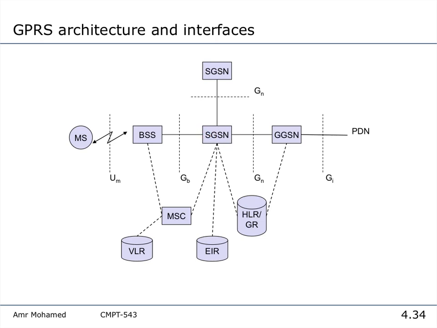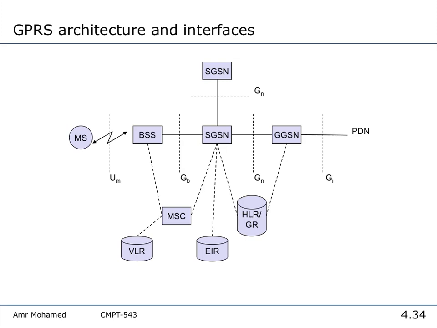The SGSN here performs functionality similar to the MSC, but on the packet switch side. And because we introduce this hardware, we have to define the interfaces. So now we have Gb, Gn, and Gi, which correspond to the A-bis interface and the A interface, but on the packet switch side.